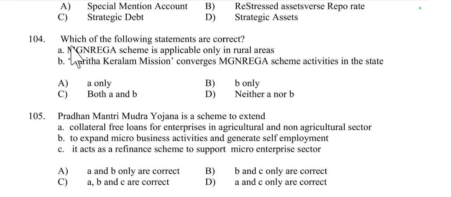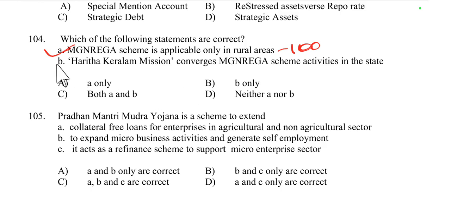Then question number 104. Which of the following statements are correct? MGNREGA, Mahatma Gandhi National Rural Employment Guarantee Act scheme, is applicable only in rural areas. Yes, it is applicable only in rural areas. So this scheme is indeed applicable only to rural areas. It aims to provide at least how many days? 100 days. At least 100 days of wage employment to every household in rural areas. Out of 365 days in the year, at least 100 days of work should be guaranteed by MGNREGA.